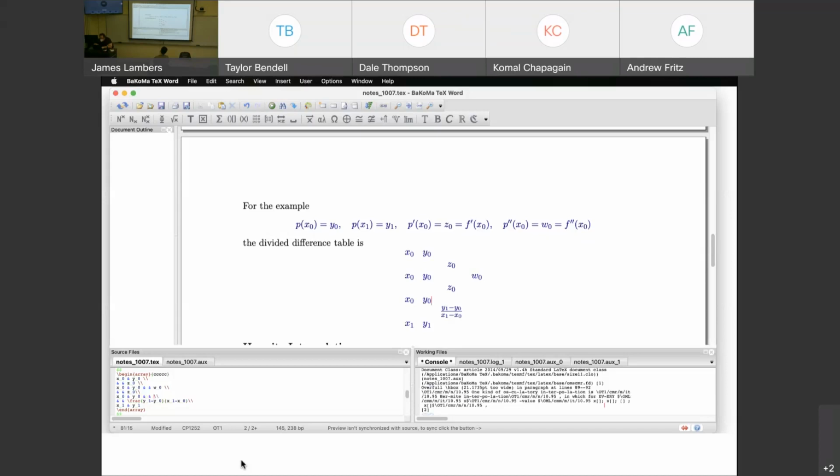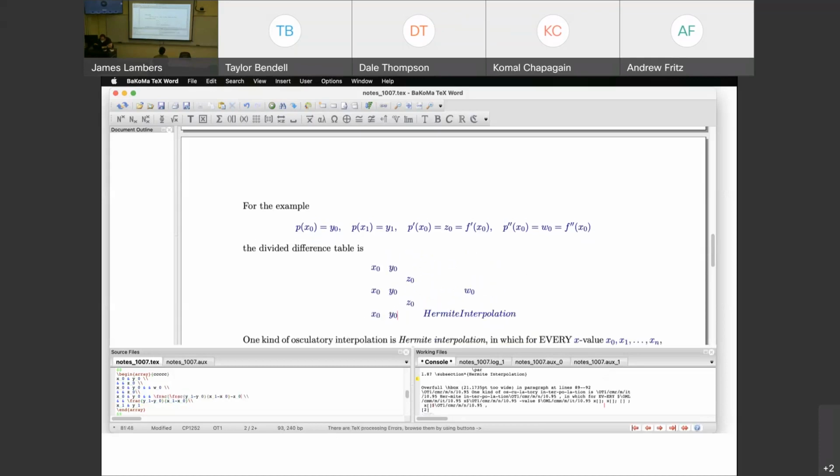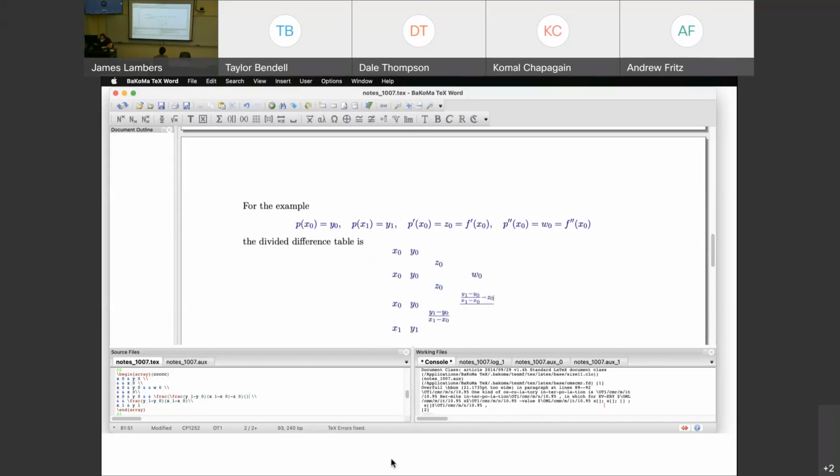Okay. So that's going to be this divided difference minus this one, minus z naught. And then all of that has to be divided by x1 minus x naught.